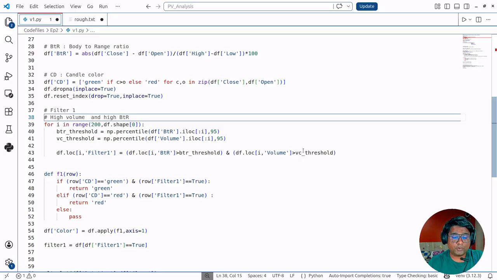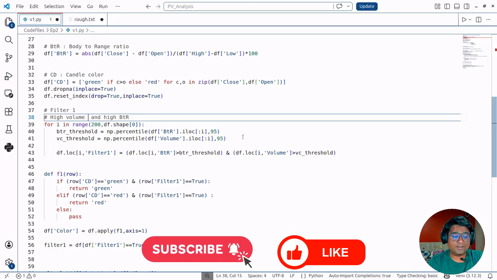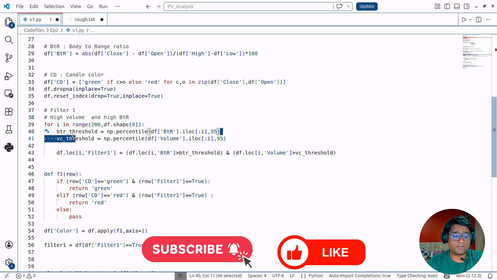Now let me explain what the 95th percentile is. If the current volume is greater than the 95th percentile of the past volume, that means the current volume is in the top 5% of the volume so far, then that will satisfy our condition. The same goes for BTR.